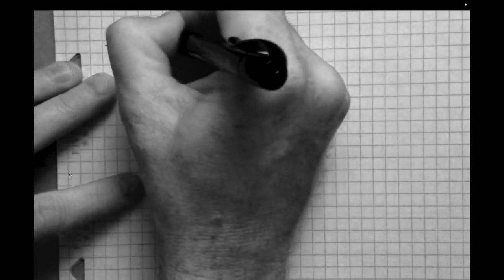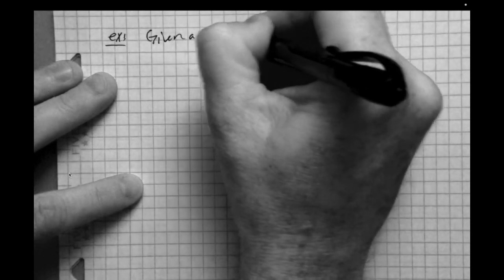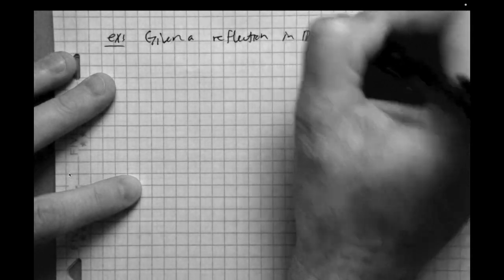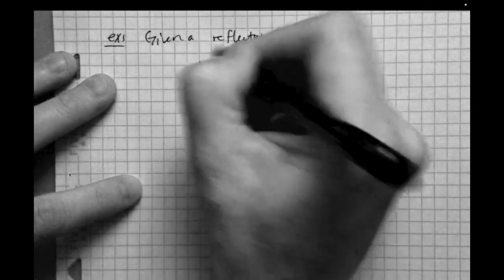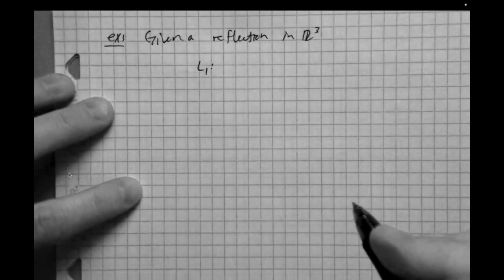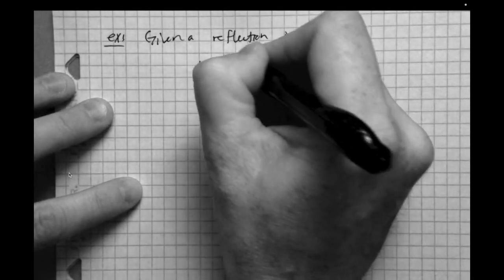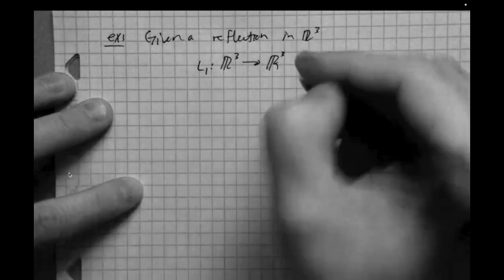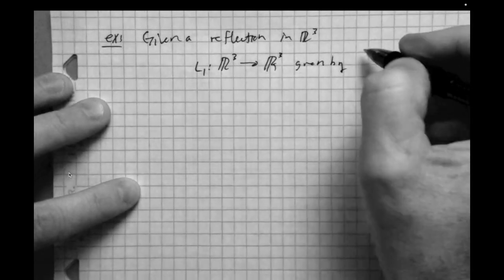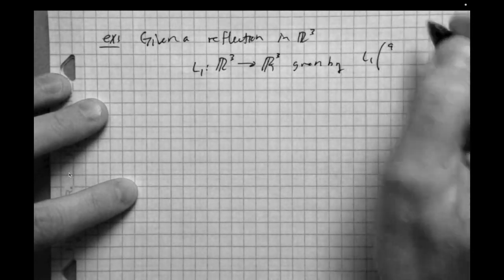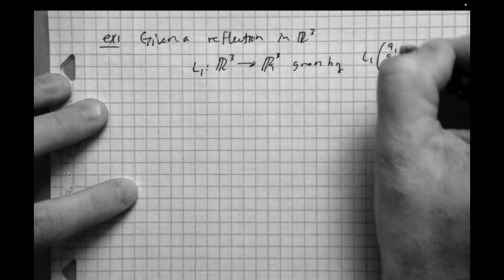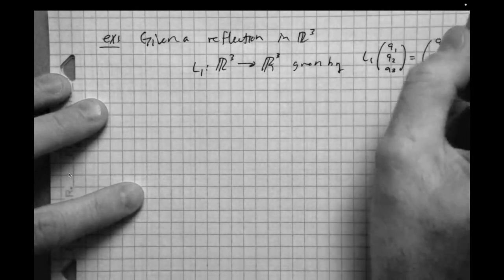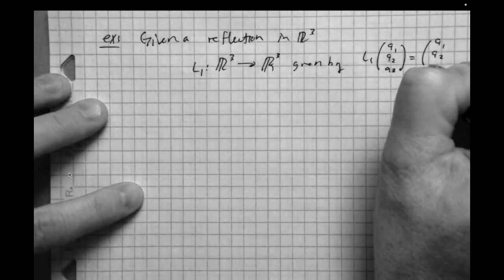Given a reflection in R3, let's call it L1, the linear transformation from R3 to R3, given by L1 of a vector A1, A2, A3 equals A1, A2, negative A3.